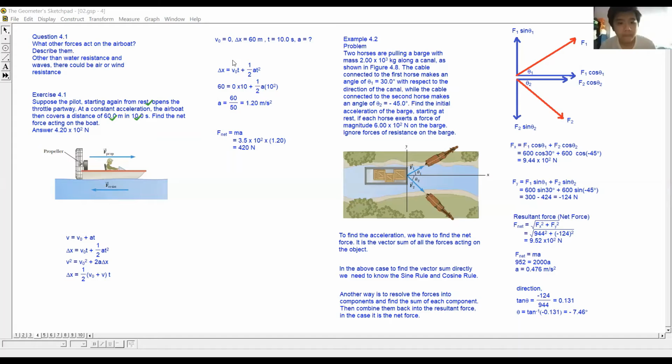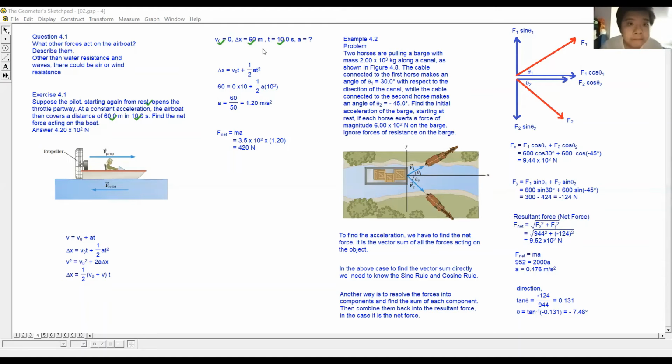The first one, start from rest. That means the initial velocity is zero. Then the displacement is 60. The time taken is 10 seconds. So from zero, you speed up and cover a distance of 60 meters in 10 seconds.